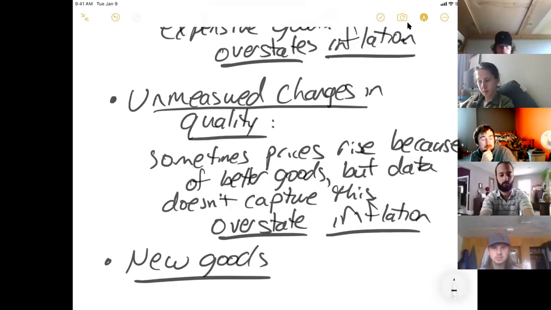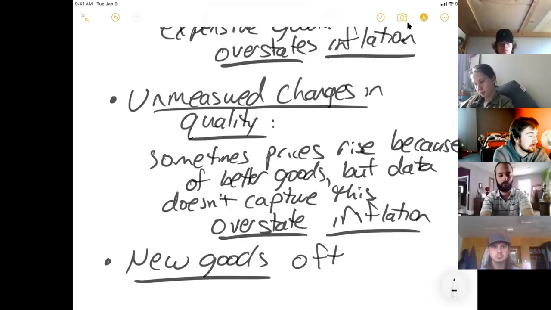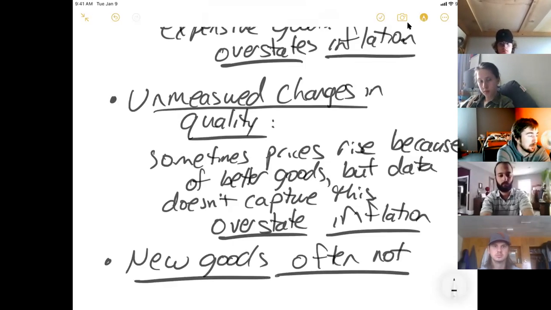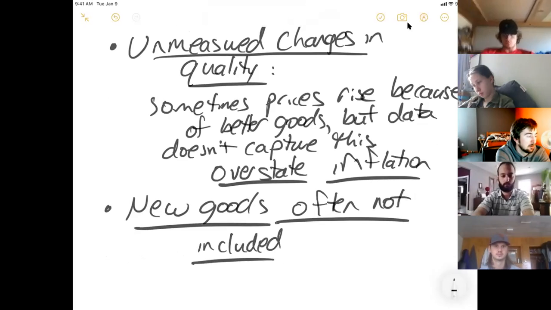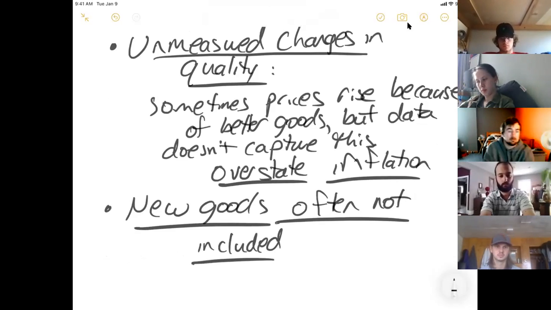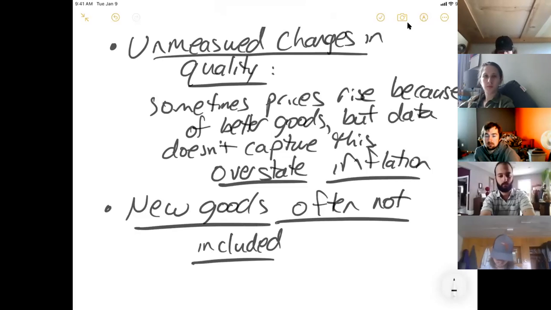Many new goods are often missed. Many new goods are often not included in the consumer price index because that basket doesn't adjust very quickly. I was just reading this morning, because I was curious about this question, the consumer price index still assumes that people are going to as many movies as we did in 2012.